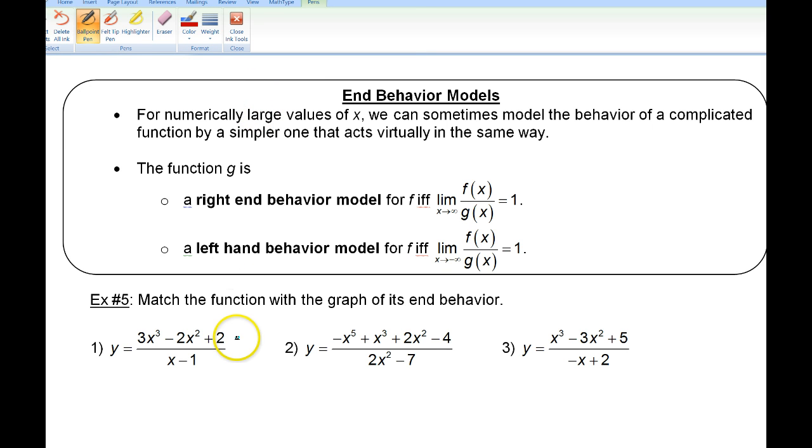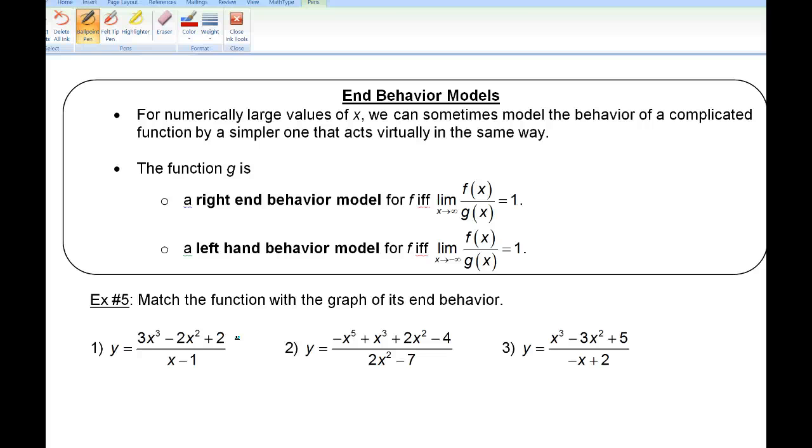Okay, so end behavior models are very similar to what we did with the horizontal asymptotes. We're just going to look at the biggest term of the numerator and the biggest term of the denominator and simplify.